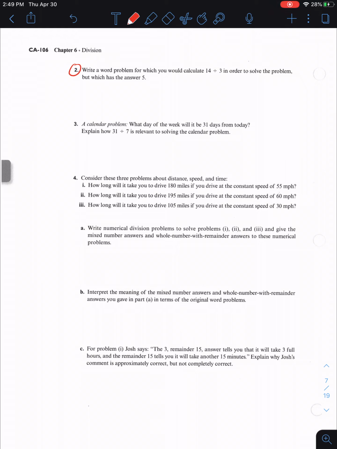So we could say the brownies. You have 14 brownies, and bags only fit 3 brownies each.